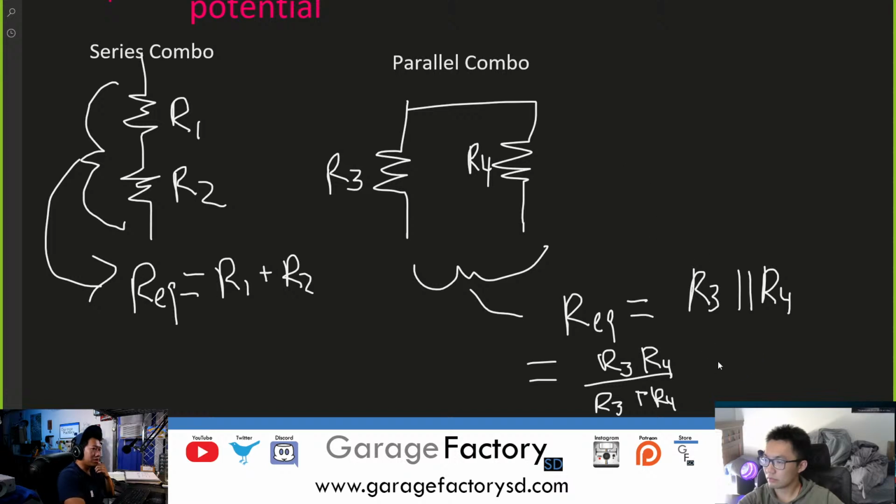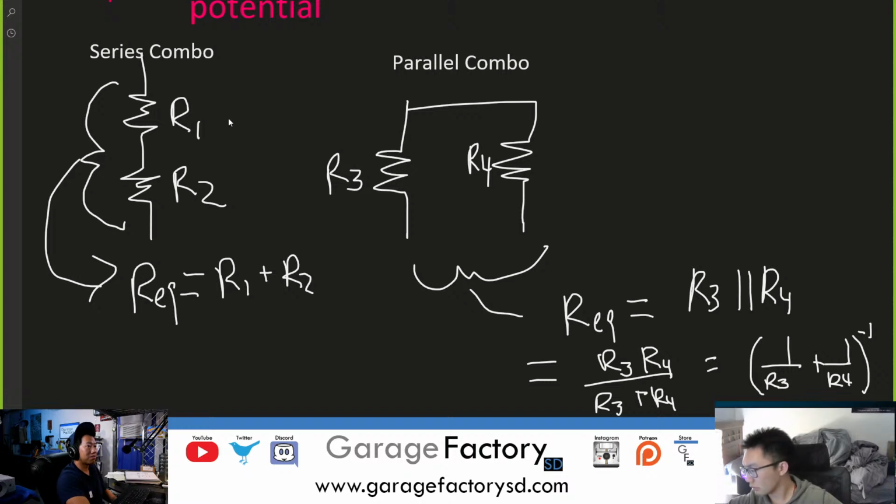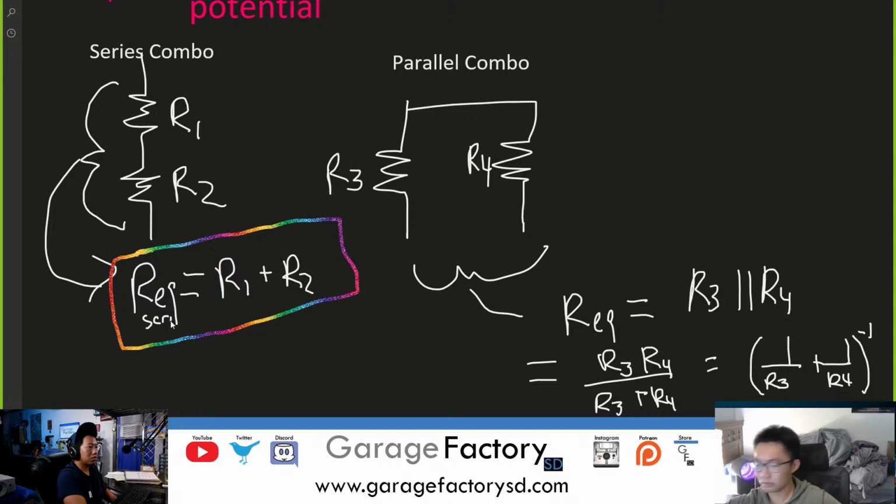The other way is 1 over R3 plus 1 over R4, and then take the inverse of that. Those are also very key equations. Series. Parallel.